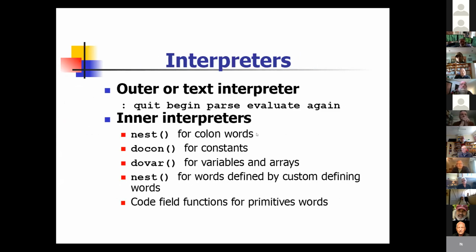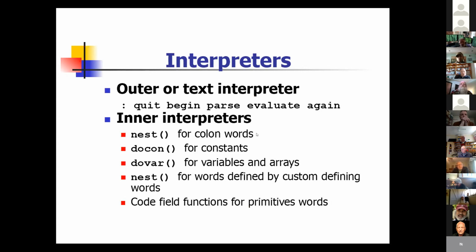Okay, so the interpreters. We have the outer interpreter, or text interpreter. This is the routine we usually call quit, which is begin, parse, evaluate, and again. So it is parse and evaluate over and over again. And we have a bunch of inner interpreters, which are just the routines that sit in the code field.